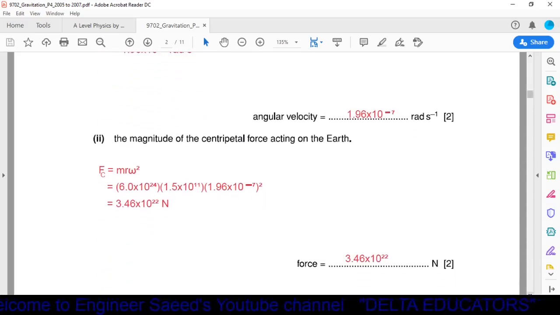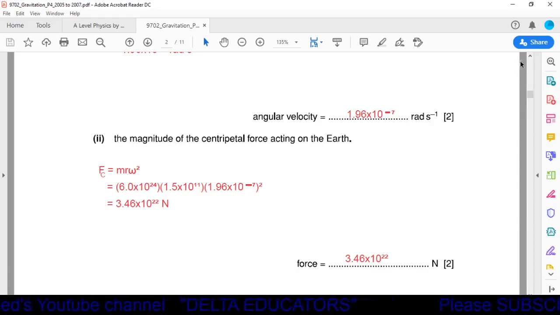Next part, the magnitude of the centripetal force acting on the Earth. Centripetal force is given as m r omega square, where this small m represents mass of Earth. This r is the distance from center of the Sun to the center of the Earth. This omega is angular velocity. Now we will substitute the values. This omega we have already calculated. It is 1.96 into 10 power minus 7. This r is the distance.